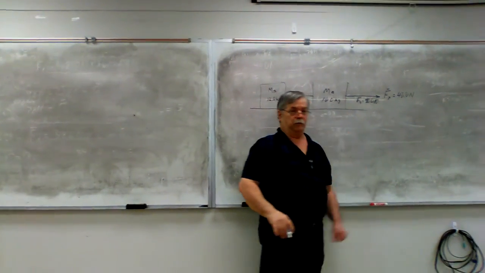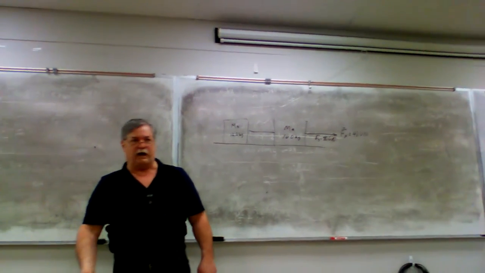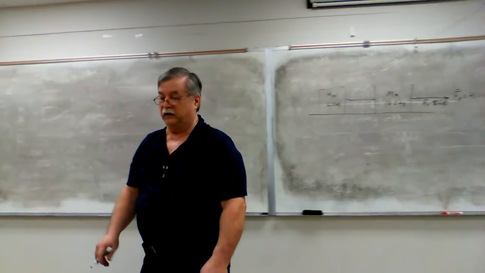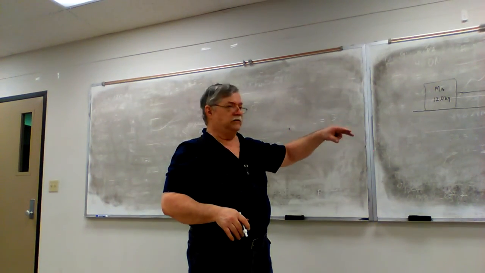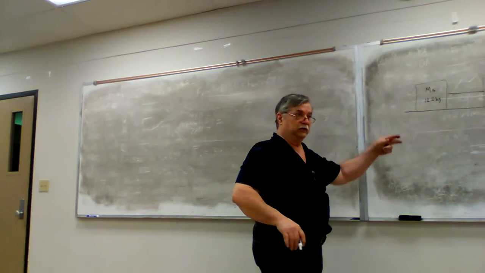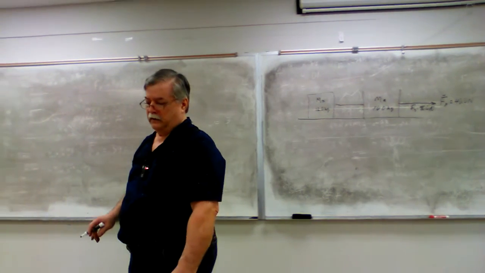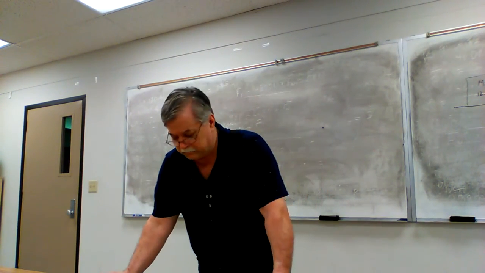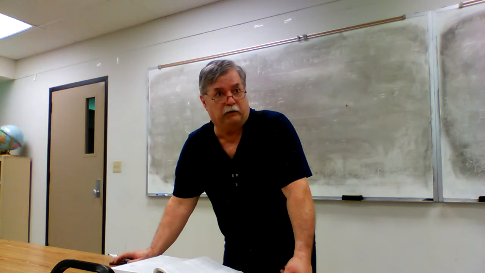The string is pulling the box. We've also got the force of gravity and the normal force. They're canceling each other out, so we're just going to ignore those. We're not having to resolve any additional forces to come up with any vertical calculations. We're strictly looking at the acceleration of the boxes on the horizontal plane.